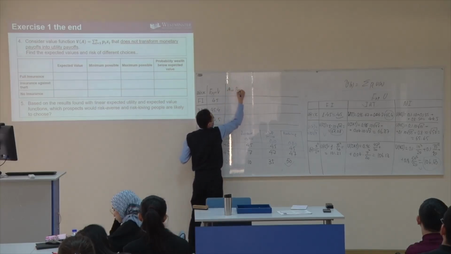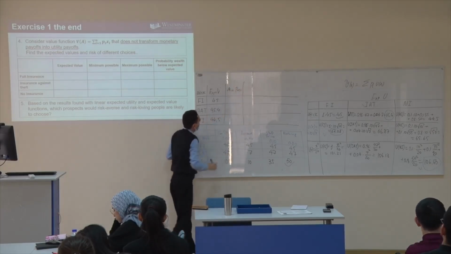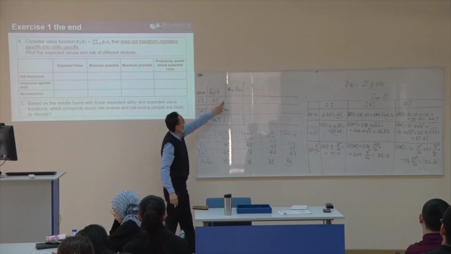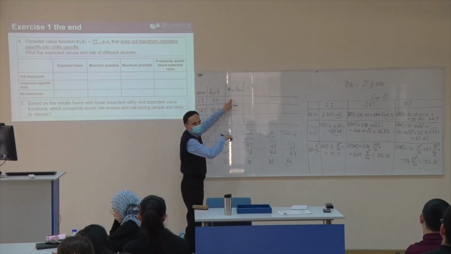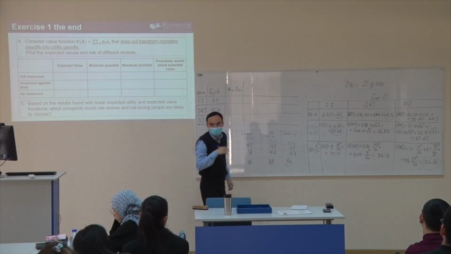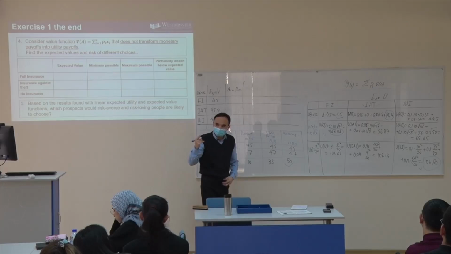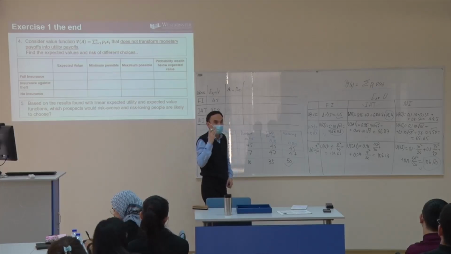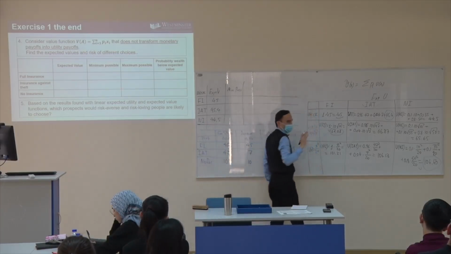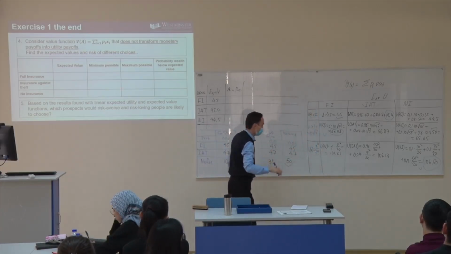And now, minimum possible. If we are purchasing full insurance, what is the minimum possible of outcomes? 45. Is there something less than 45? In full insurance, 100% probability of 45. Yes?